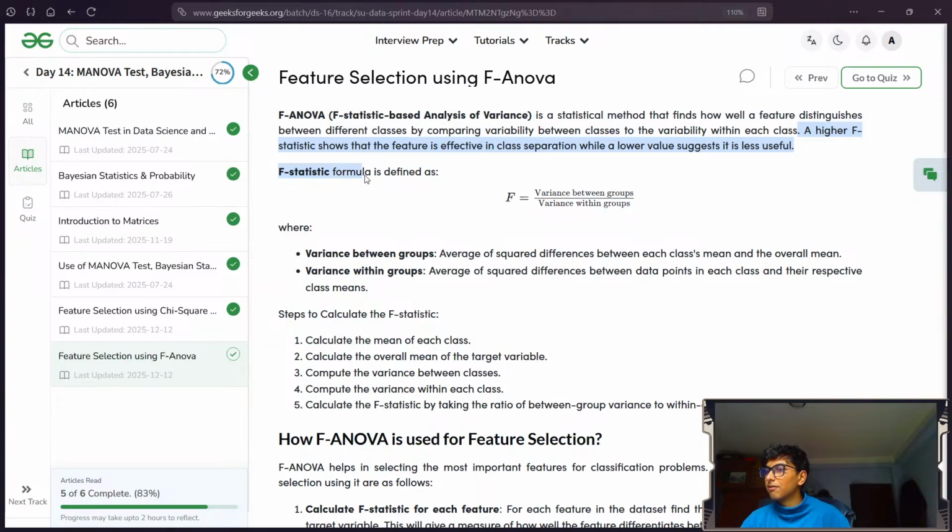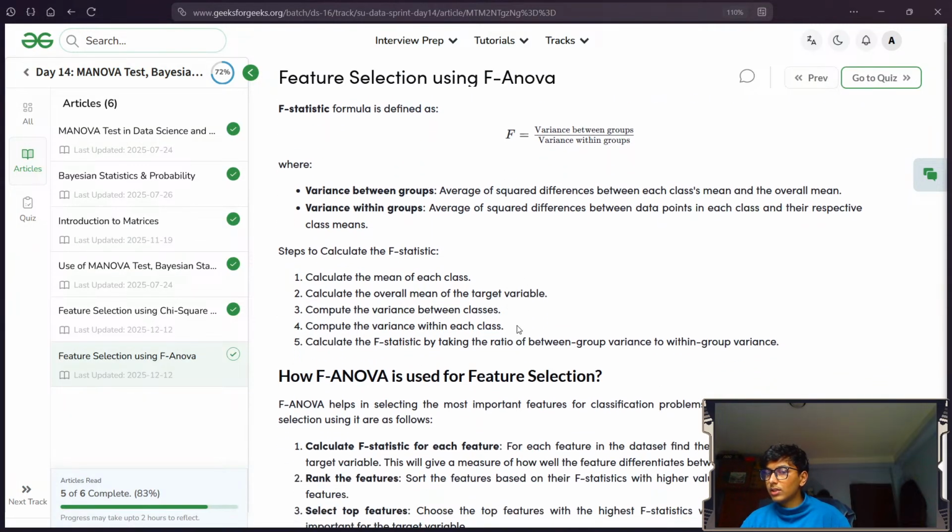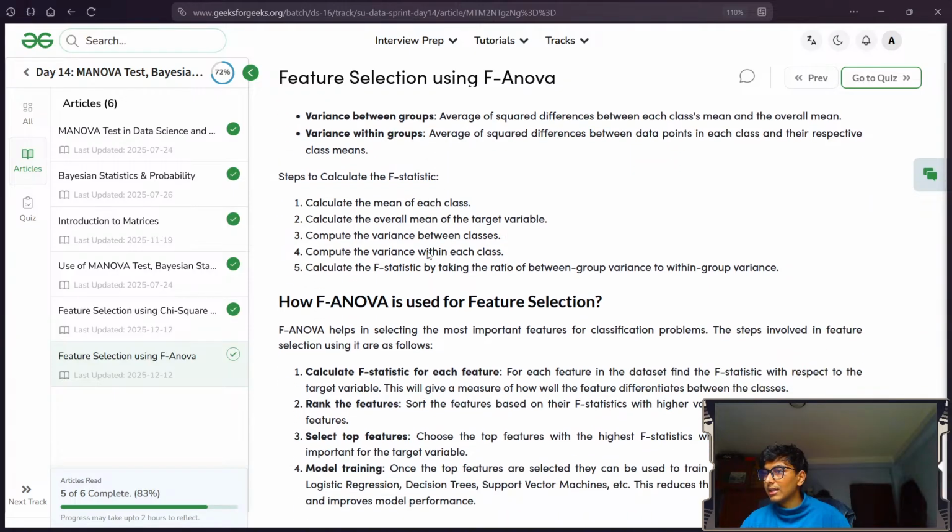The F-statistic is defined as F equals variance between groups divided by variance within groups, where variance between groups is the average of squared differences between each class's mean and the overall mean, and variance within groups is the average of squared differences between data points in each class and their respective class mean.